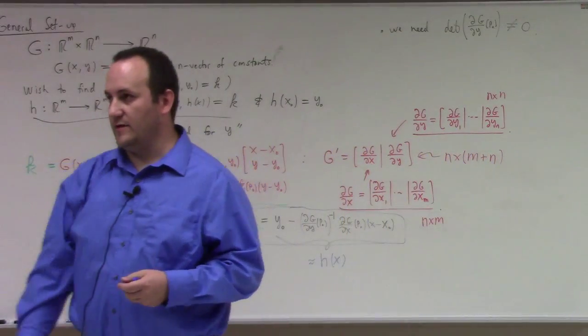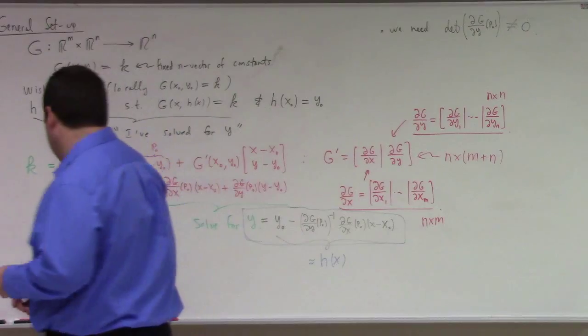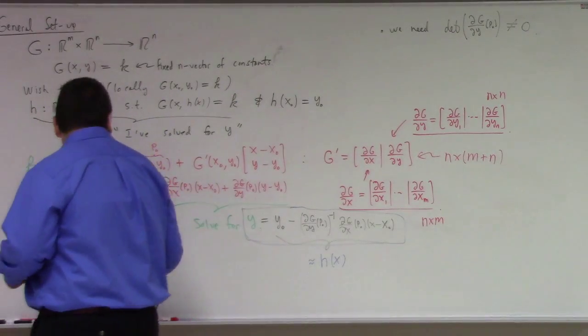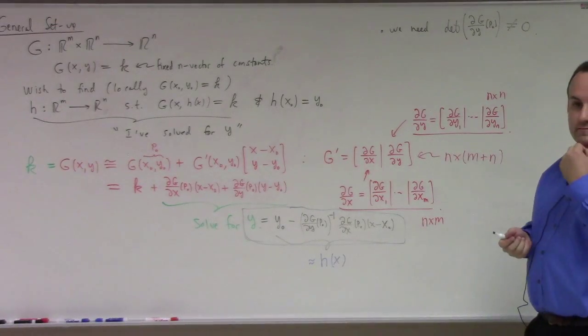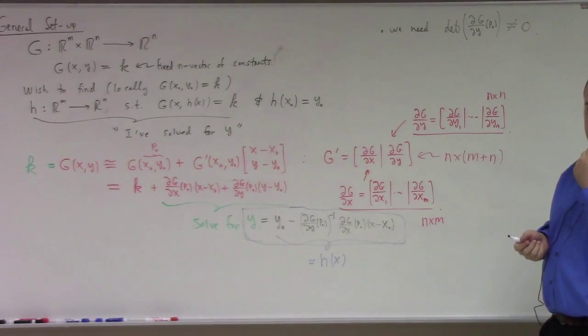It makes sense to take a determinant there, because this, of course, is a square matrix, right?